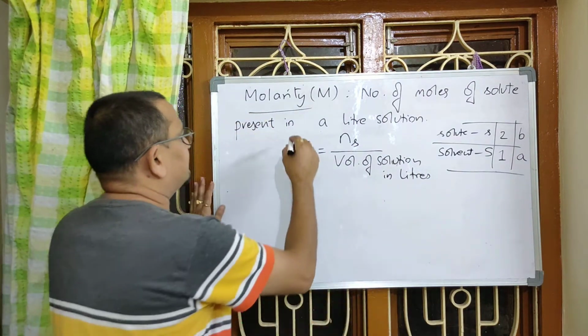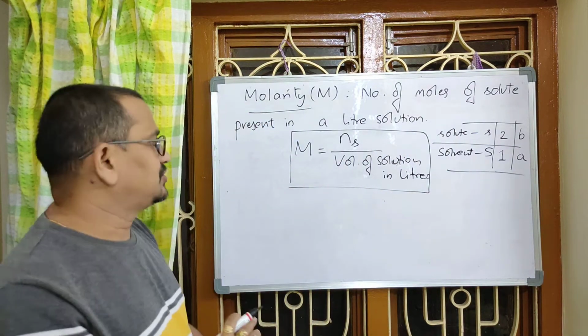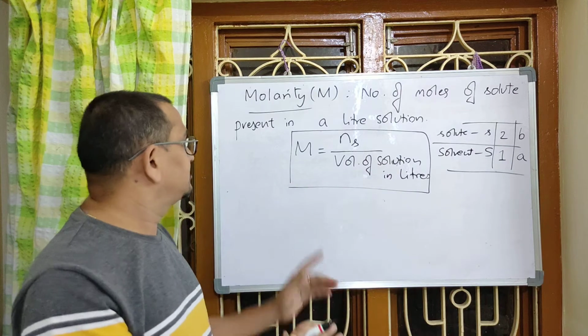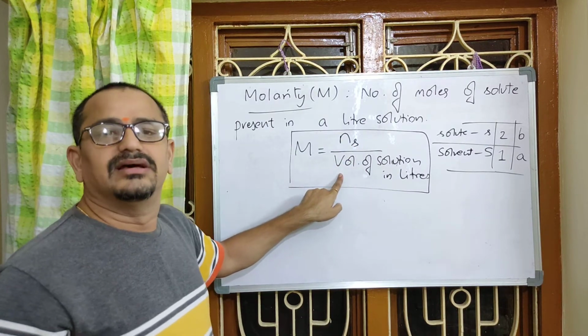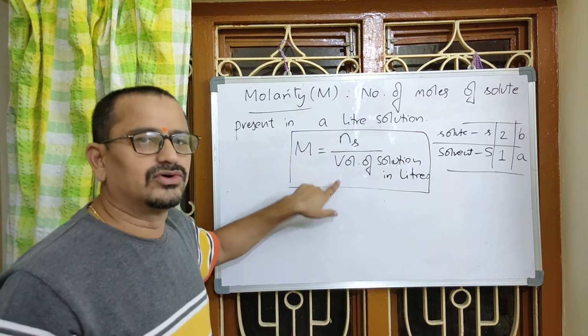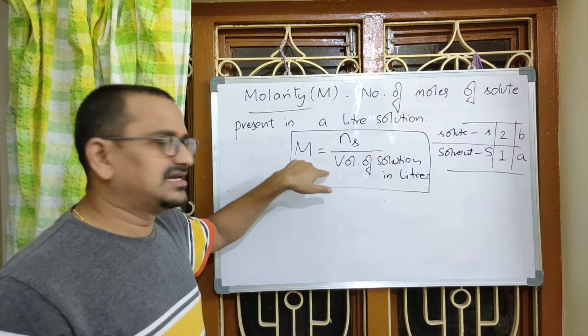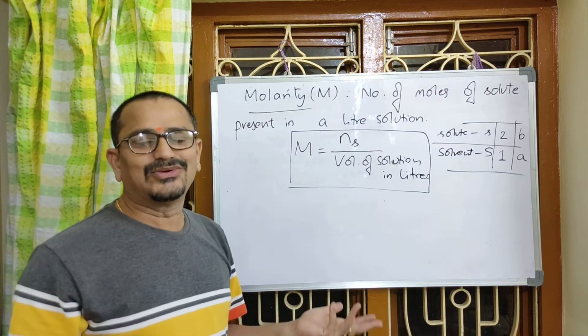So this is the mathematical expression for molarity. You should be very perfect in this relation. Molarity is nothing but number of moles of solute in a liter of solution. Suppose number of moles is 4, volume is 2 liters. After cancellation, we will get 2 moles per liter. So the ratio will be per liter only always.